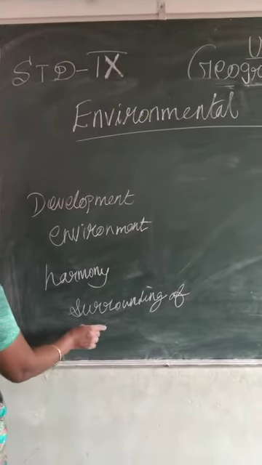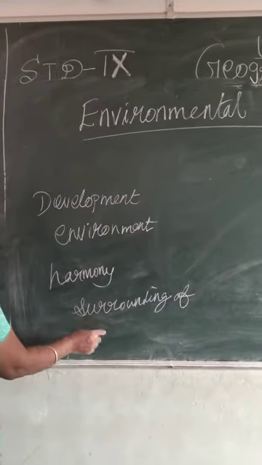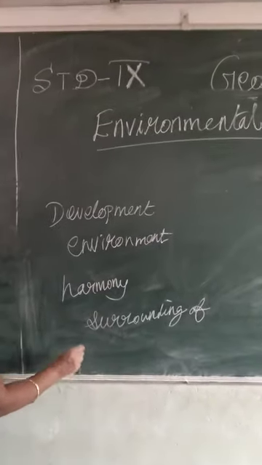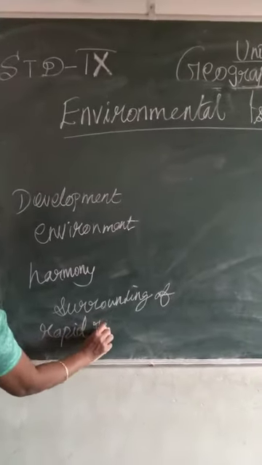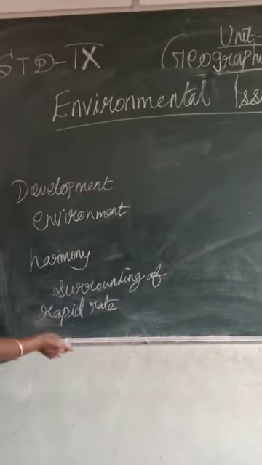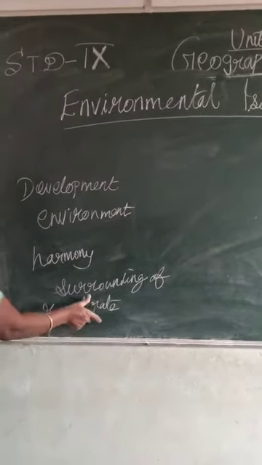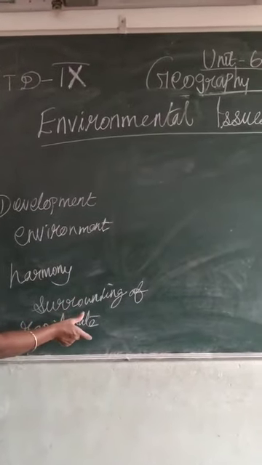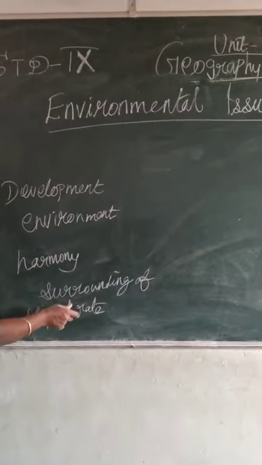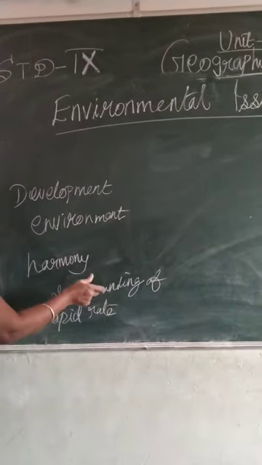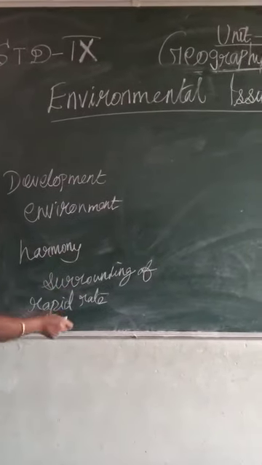To meet these needs, our natural resources in the environment are being used at a rapid rate, which leads to long-term adverse effects. These adverse effects become environmental issues of the entire surrounding in which human beings live.